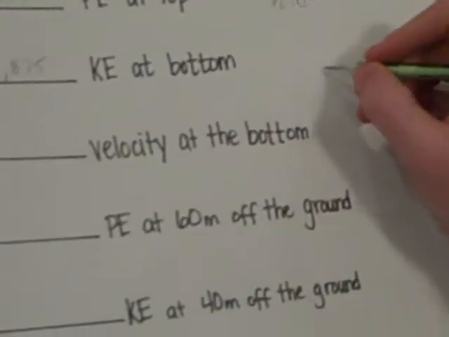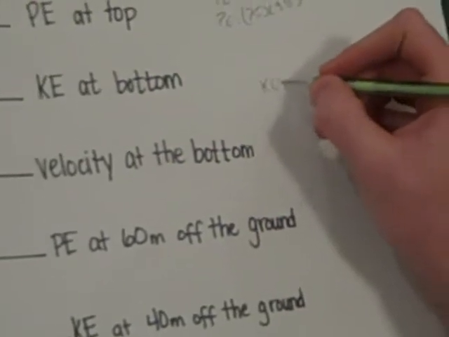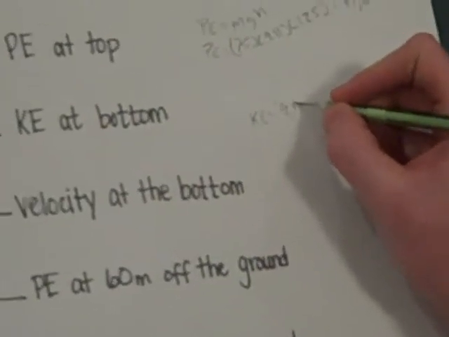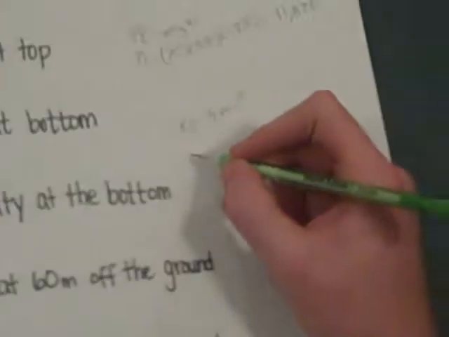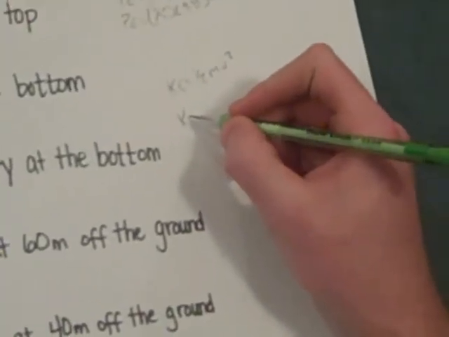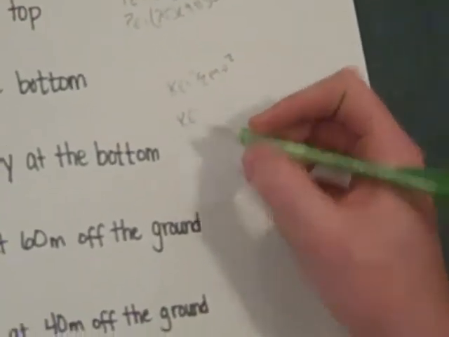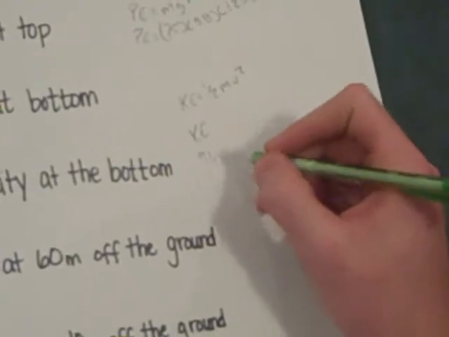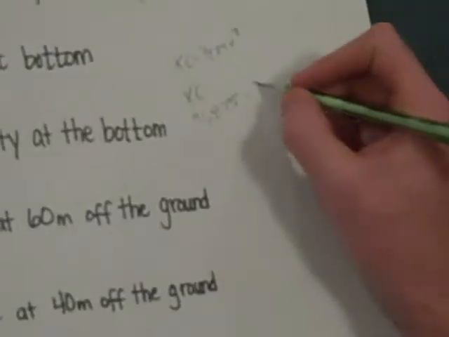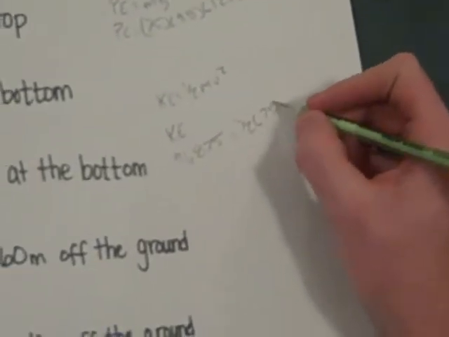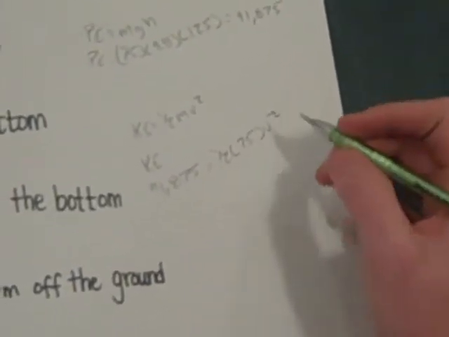For this we use the formula kinetic energy equals 1/2 mv squared. So we take kinetic energy, which would be 91,875, which we found right here, equals 1/2 the mass, which is 75, velocity squared.